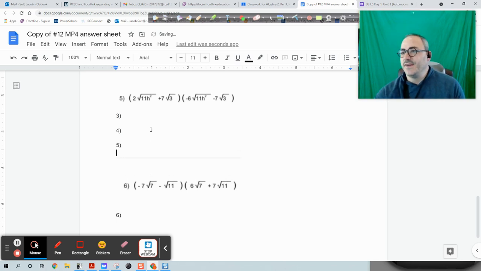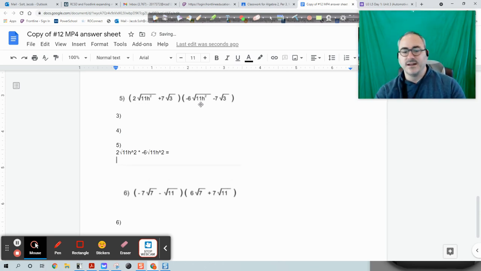All right. So 5. I'm going to take this piece and multiply it by that piece. So 2 radical 11 h squared times negative 6 radical 11 h squared. I'll find out what that equals. Then I'll take 2 radical 11 h squared. So I took this, multiplied it by that.